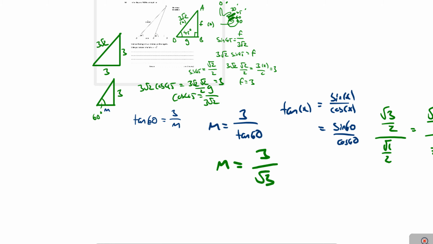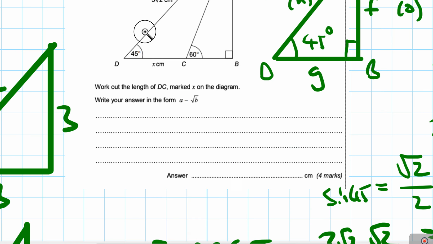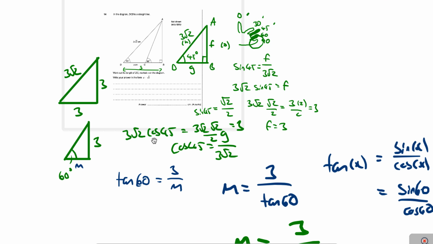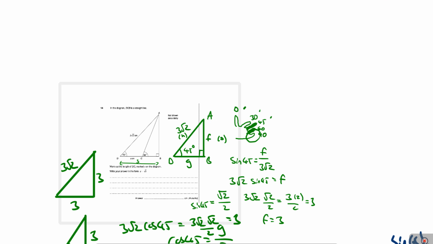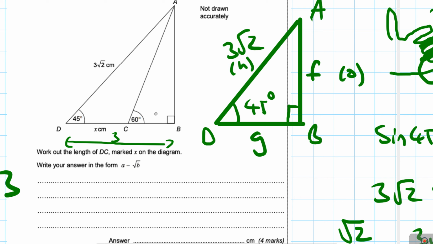So now we want to find what DC is. We don't know what DC is, but we know that the whole length is equal to 3, and we know that BC is going to equal 3 over root 3. So our answer for DC is equal to 3 minus 3 over root 3.